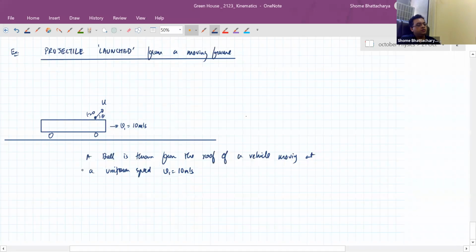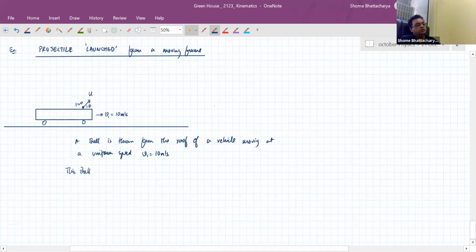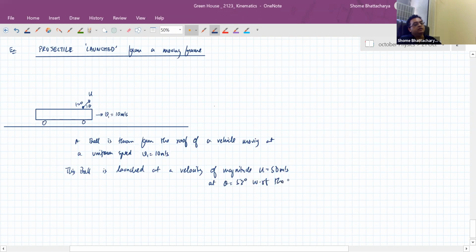Now this ball is launched at a velocity of magnitude u equal to 50 meters per second at theta equal to 53 degrees with respect to the vehicle.